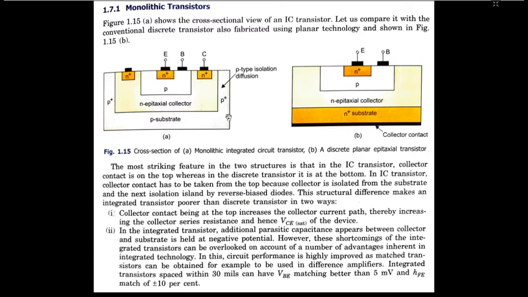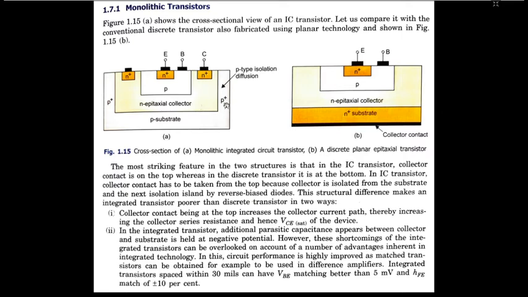Like you can see over here, the next island will be on this side, the next island will be on this side. So it's just P plus channel, and that doesn't give a very smooth operation as compared to the discrete transistors.